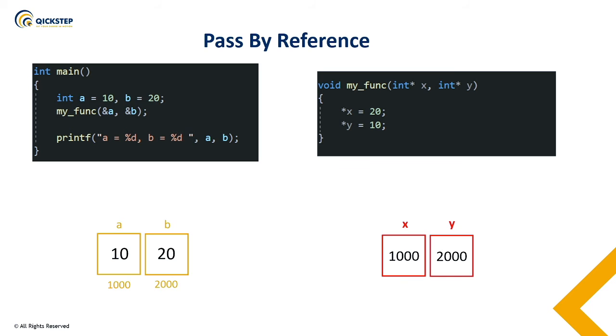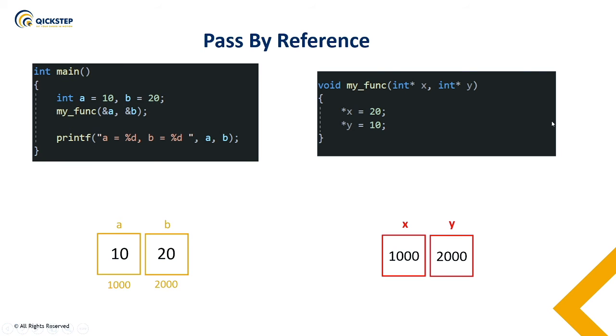So next line, we say star x equal to 20. We need to understand what star x means. When we say star of x, it means we are dereferencing the pointer x. Dereferencing is the complete opposite of referencing. By dereferencing, we mean that we want to access the value which is stored at the memory location which this pointer currently holds.